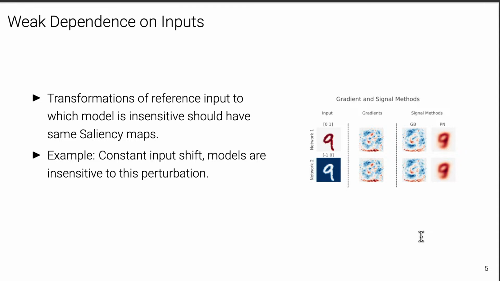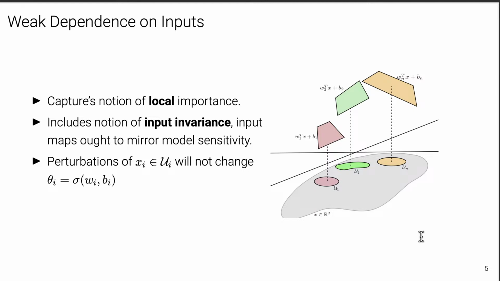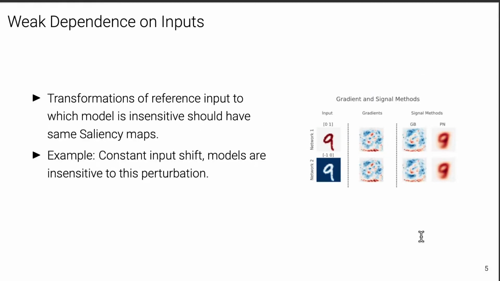So we are getting this kind of input invariance by requiring this weak dependence, by defining a region in which the saliency maps are not going to change. In our previous cases with input gradients, our input is changing but our gradient is not changing. In these planar regions the gradients are constant, so we would expect that here as well, which is what we find with several gradient methods.